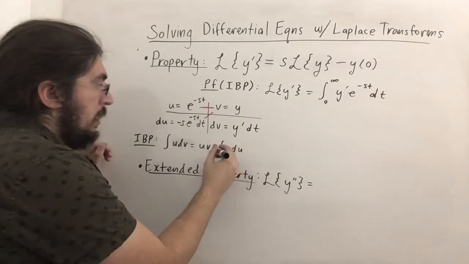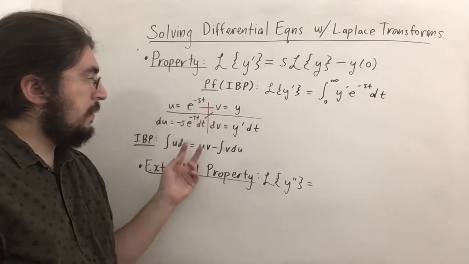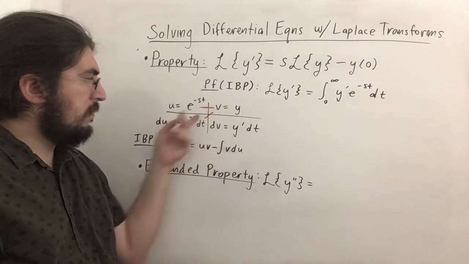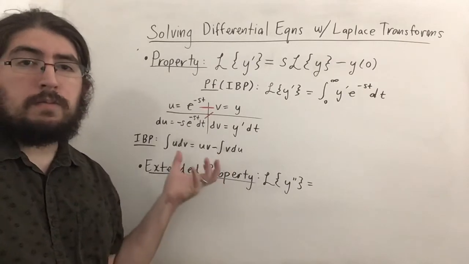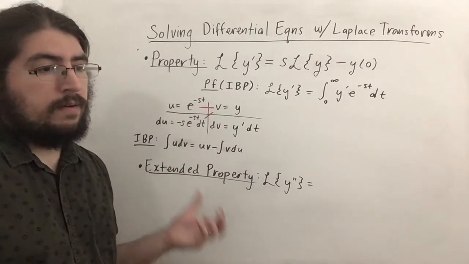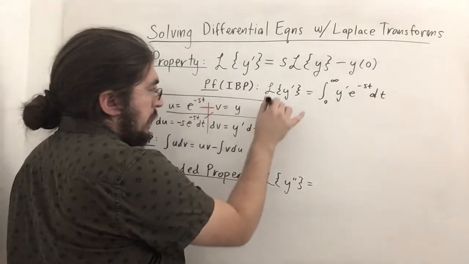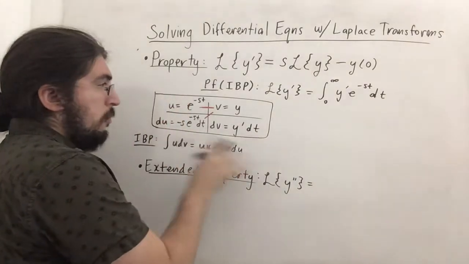Perfect. So that's why I'm picking u and dv first, and then we can multiply u to v, and then subtract the integral of v times du. Now this rule of integration by parts is actually proven by considering the opposite of the product rule, basically. Anyway, so now that this has been established, let's follow this formula out.